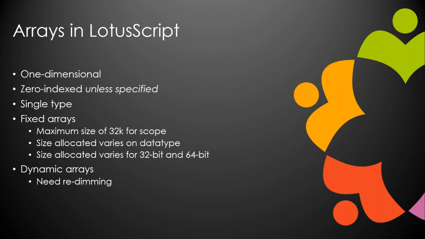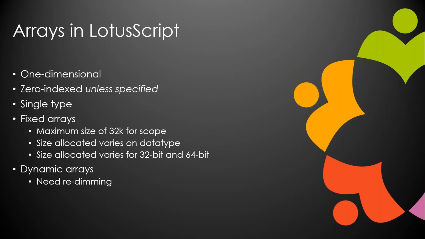We've got the two types, fixed arrays and dynamic arrays. Fixed arrays, you define what the size is for the start, and you can just keep adding to them up to that size. Dynamic arrays, more powerful, but you need to redim them each time you add to them. It makes your code more verbose. But fixed arrays have some certain challenges to them.